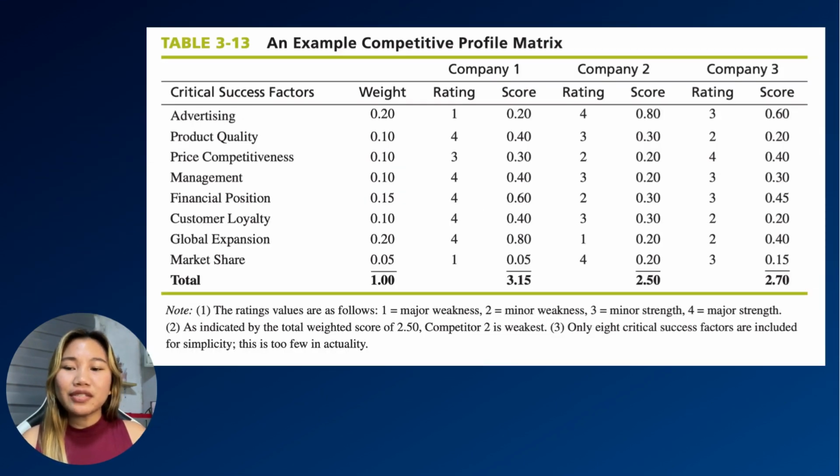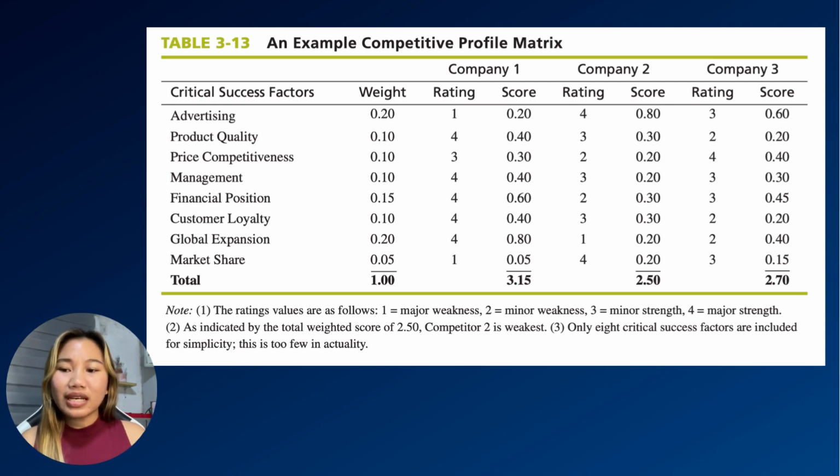However, critical success factors in a CPM include both internal and external issues. Therefore, the ratings refer to strengths and weaknesses, where 4 is a major strength, 3 a minor strength, 2 a minor weakness, and 1 a major weakness.